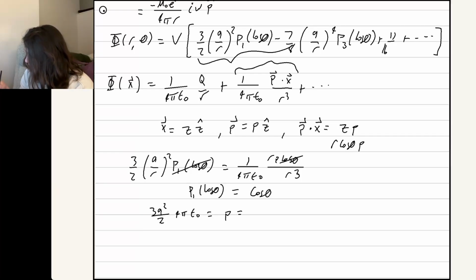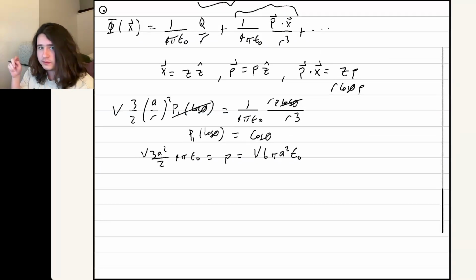So it's 6 pi a squared epsilon naught, which will be the magnitude of your dipole. And I forgot that there's a V on here, so that's a V there. So that's a V here. So that's a V here.